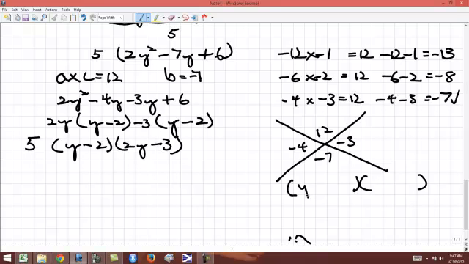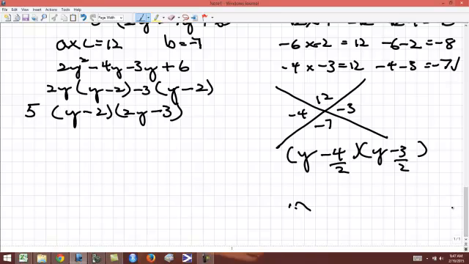Y minus 4 and y minus 3. And I'm going to divide them by 2, the second number and the coefficient by 2. Get rid of this. And that's going to give me y minus 2 times 2y minus 3. And I put the 5 in front, and I'm finished.